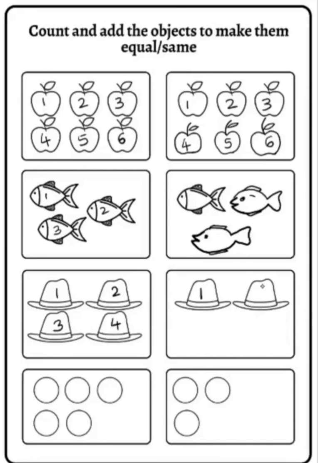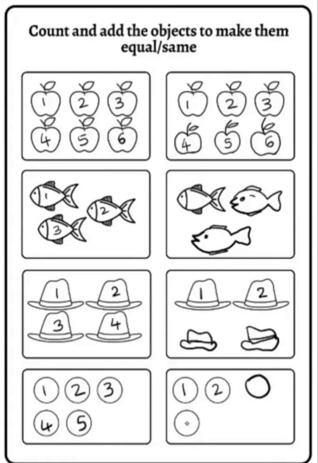On the other side, 2 are missing, so we will add them, which makes 3 and 4. So equal number both the sides. And lastly, we have circles. So there are 1, 2, 3, 4, 5 circles. So count and add the other side to make them 5 circles.